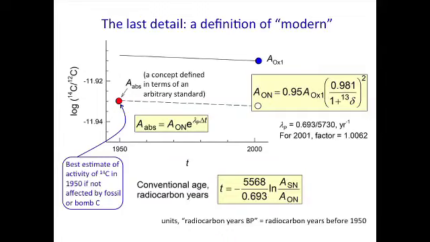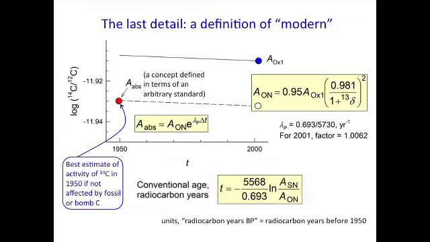So now, let's say in 2016, we measure the oxalic acid standard, and that tells us what the abundance of carbon-14 in that standard is now. And so we use the actual physical half-life, which we now know is 5,730 years, not 5,568 years. And we use that actual physical half-life to correct the measured activity now back to what it would have been in 1950.